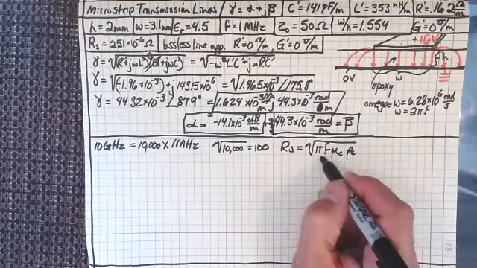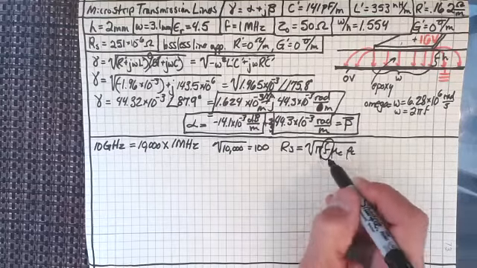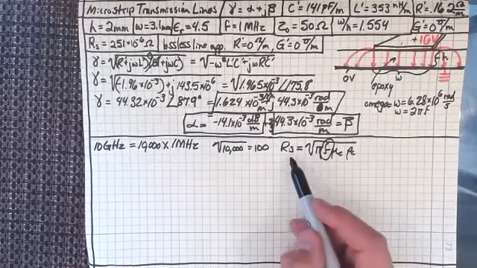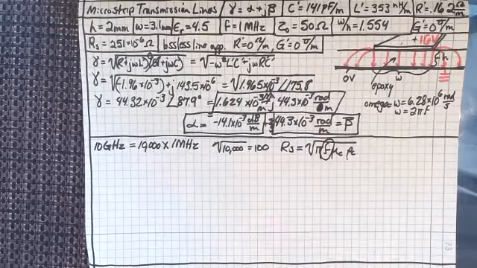Okay, but here's what I want to point out: it's got the frequency. So the square root of the difference in the frequency is just going to be 100. So really R sub s is just going to be 100 times what it is up here.